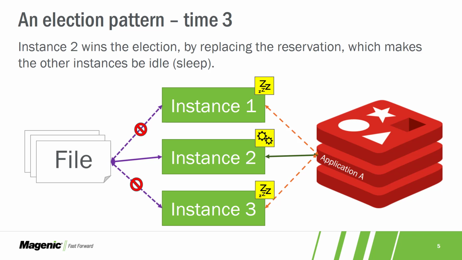There can't be a use case where more than one instance that tries to make a reservation will succeed, right? And so that's really important.